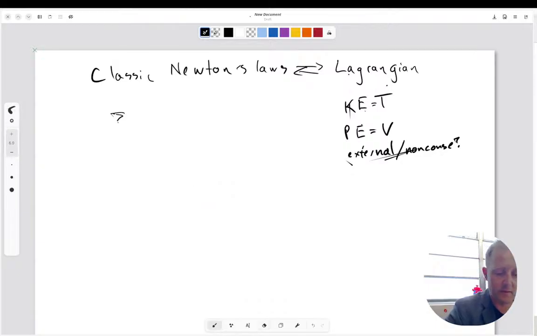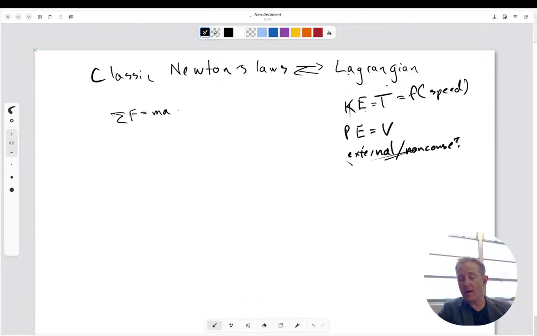There we go. Here we have the sum of the forces is ma, so we need to know all those forces. Meanwhile, kinetic energy is always some function of speed. How fast am I moving? Not even where. Kinetic energy doesn't care where we're going, it's just measuring how fast we're going.